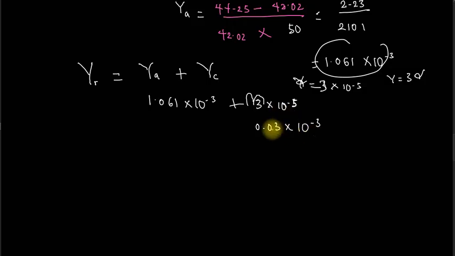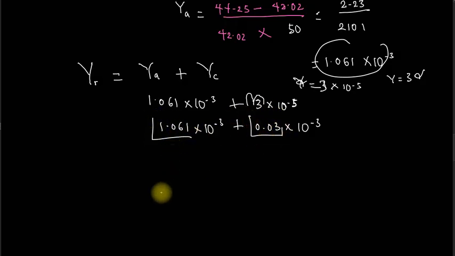If you want to get our 10 raised to the power minus 5 back, add that 2 to the minus, that is 10 raised to the power minus 5. So that's how I came about that. So 1.061 times 10 raised to the power minus 3. Since they are like terms now, we can add these together.